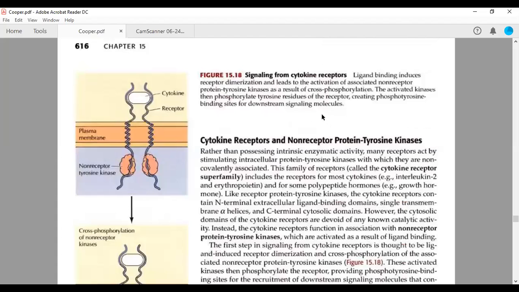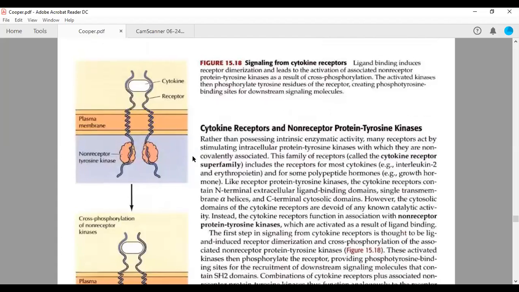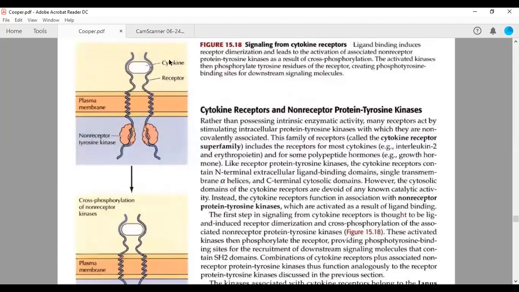This I already told you, that there are certain receptors, for example cytokine receptors, such as the interleukin 2 receptor and erythropoietin receptor, or some polypeptide hormone receptors, for example growth hormone. So these will not have a catalytic domain inside the cytosol, but they will interact with some other proteins.